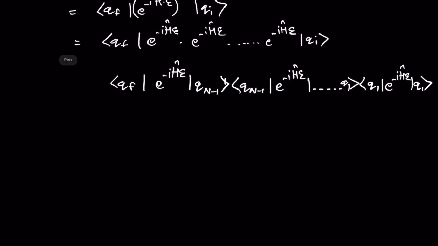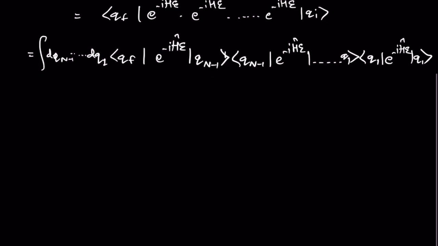And of course, if we are inserting completeness of states, we have to sum over them. In this case, it will be an integral, multiplying all the infinitesimals dq_(n-1) all the way to dq1.